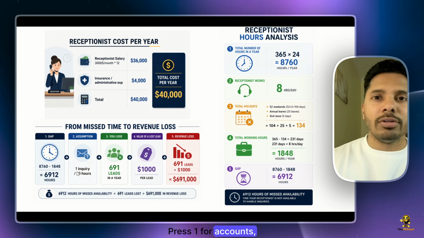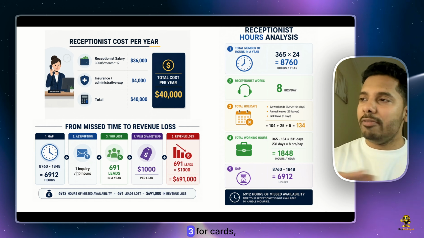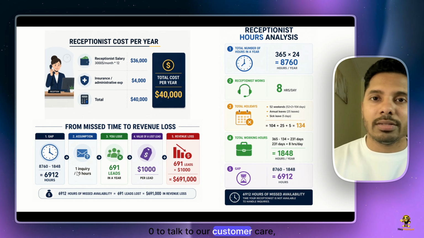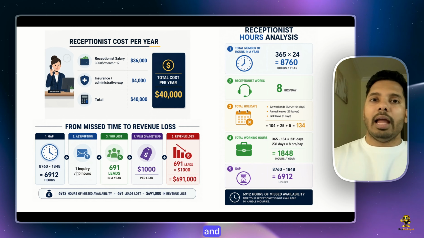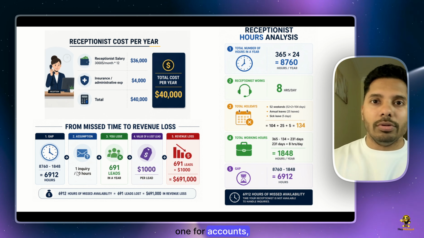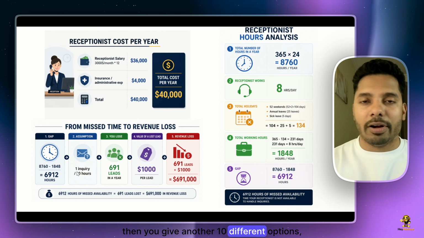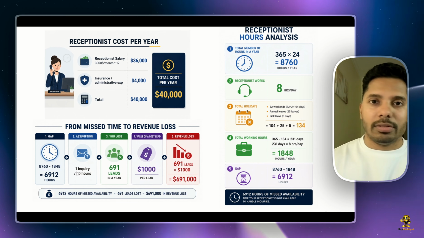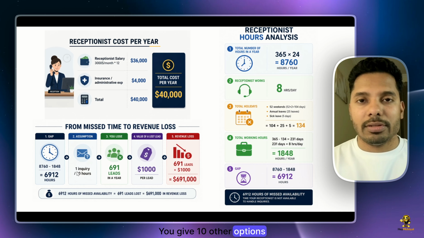Press 1 for accounts, 2 for loans, 3 for cards, press 0 to talk to our customer care. And let's say they press 1 for accounts, then you give another 10 different options, and they press, let's say, loans, you give 10 other options.